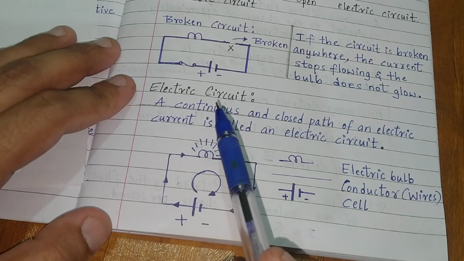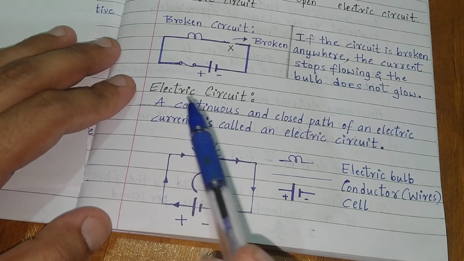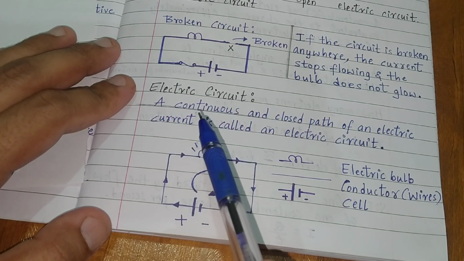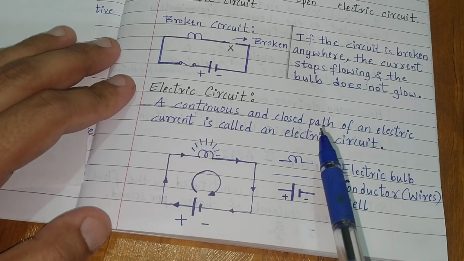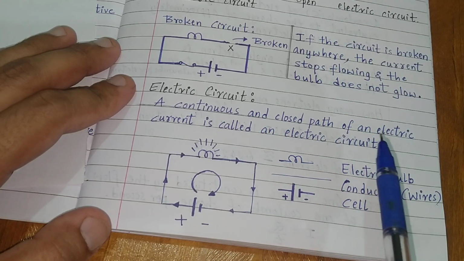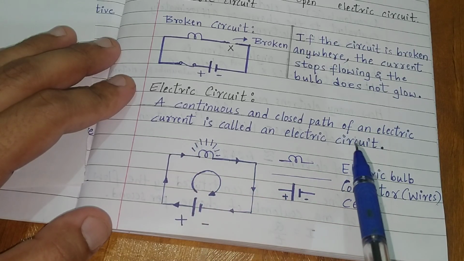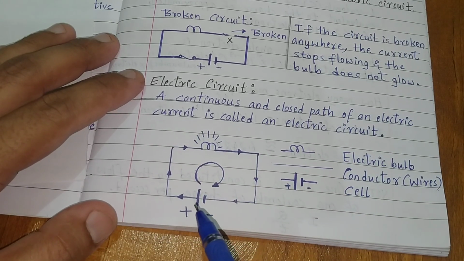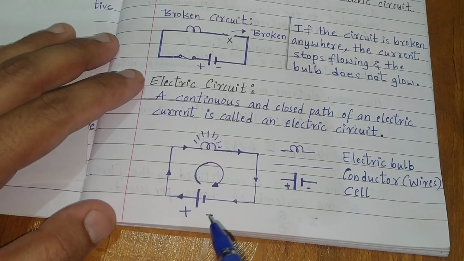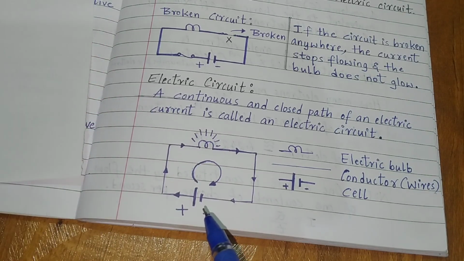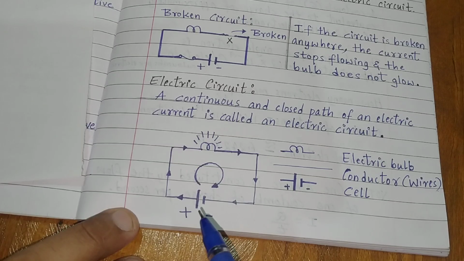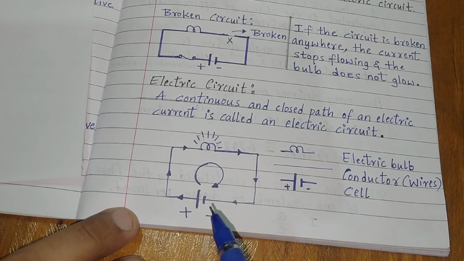A continuous and closed path of an electric current is called an electric circuit. See here, plus minus potential difference in terms of voltage or volts, such as cell, battery, power supply.